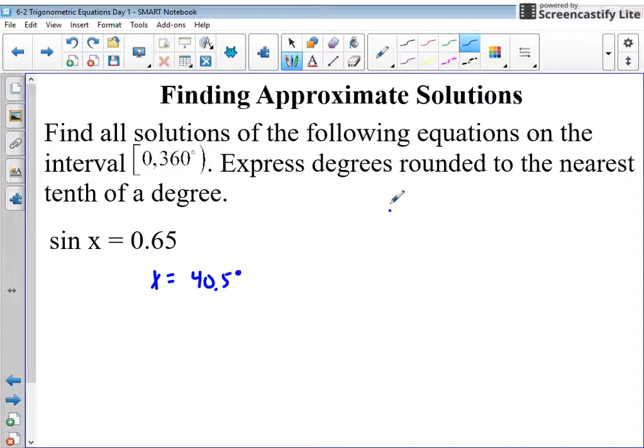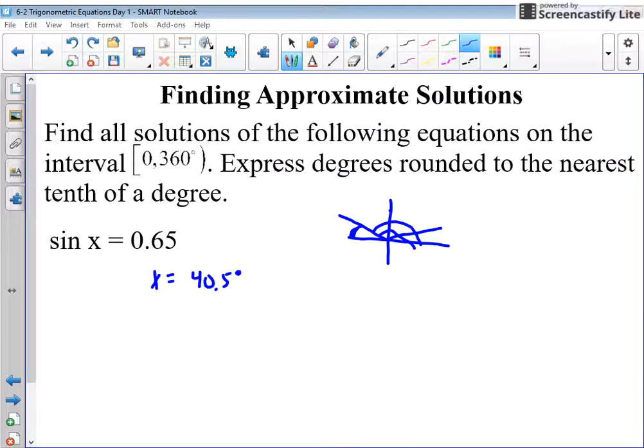Now, most of these will have two answers. We're figuring out where the sine is 0.65. Well, that'll happen here in the first quadrant, but that's also going to happen over here in the second quadrant. That's where a sine could be positive. That angle right there is 40.5. That is a reference angle. What I need to know is, what is this angle right here?